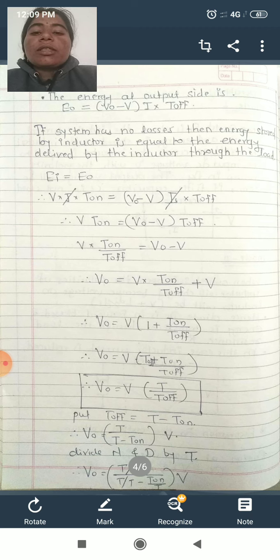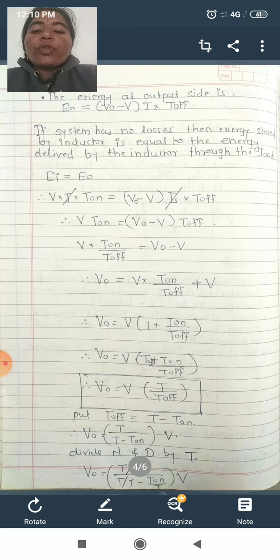If the system has no losses, then the energy stored in the inductor is equal to the energy delivered by the inductor through the load. Consider it as an ideal switch and no losses. At that time, EI, that is energy at input side, is equal to EO, that is energy at output side. Now we know the energy equation for the input side as well as the energy equation for the output side.